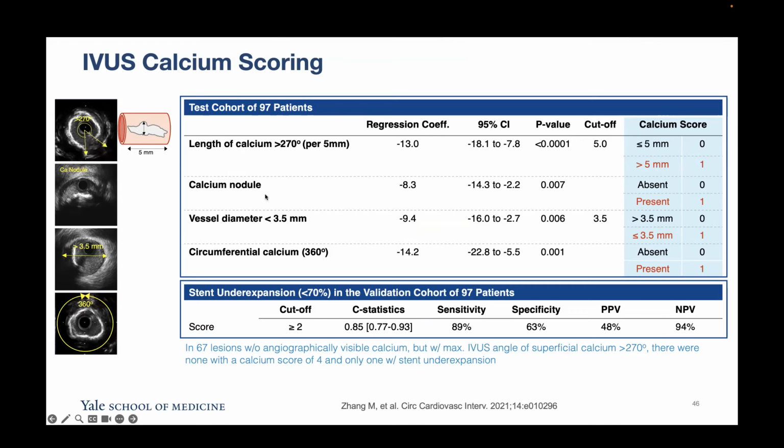If you have the presence of calcified nodule, which is not contemplated in the OCT score, you get 1 point. If the vessel is smaller than 3.5, 1 point. And if it's circumferential calcium, you get 1 point. And the cutoff to predict lower expansion is a score of 2 and above.